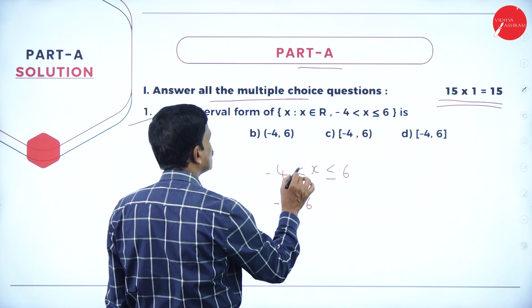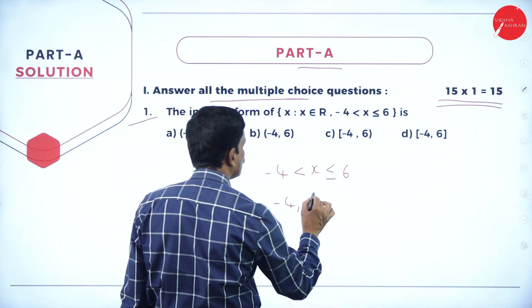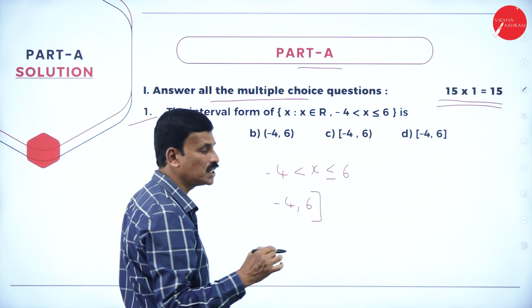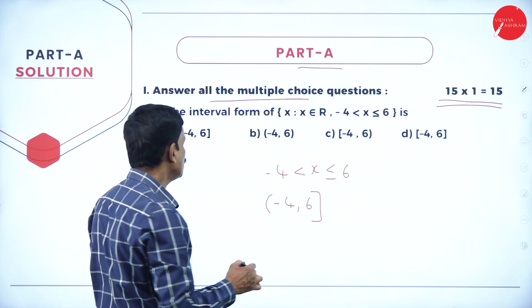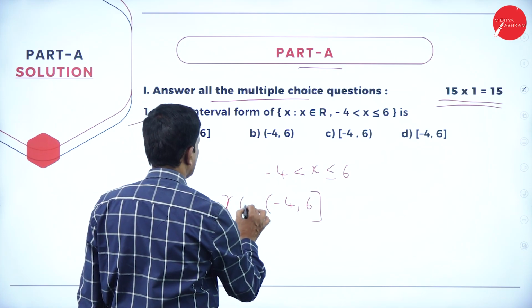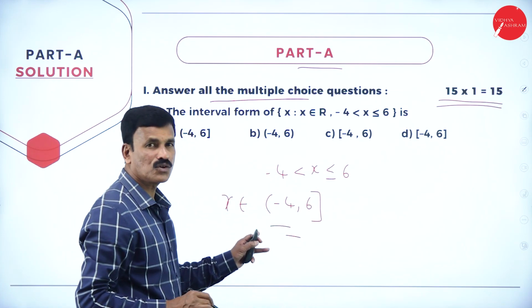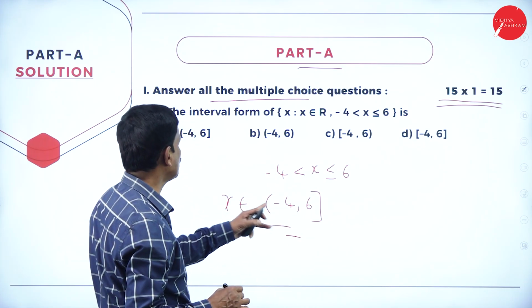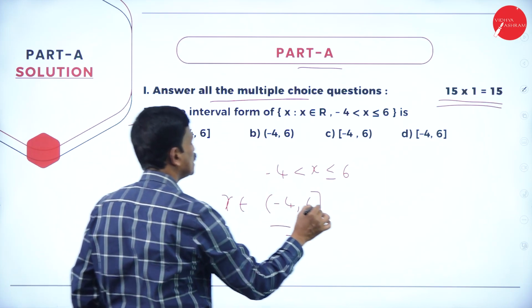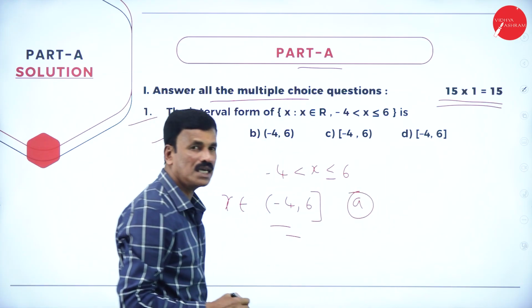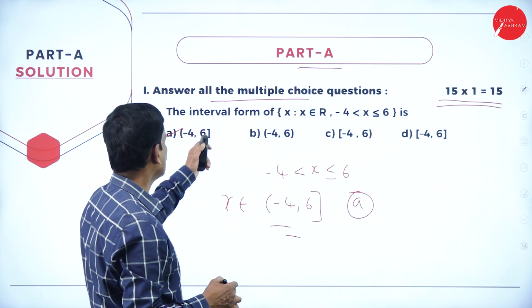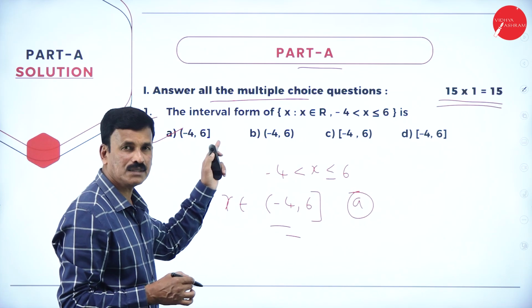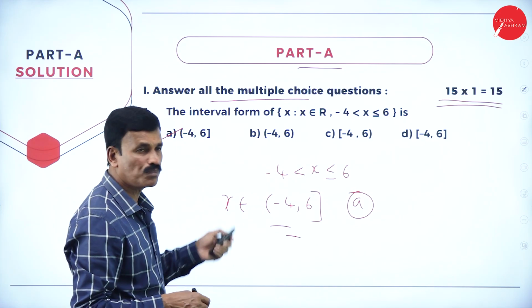Here, -4 less than x less than or equal to 6. Less than or equal to 6 means we are going to use the closed bracket. For -4 we are going to use the small bracket. So, x belongs to (-4, 6], that is open at -4 and closed at 6. The option is A.